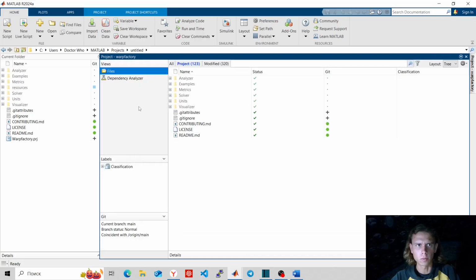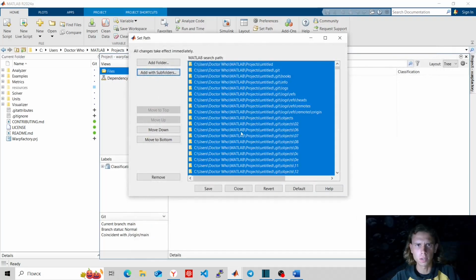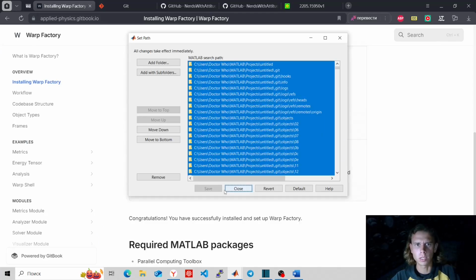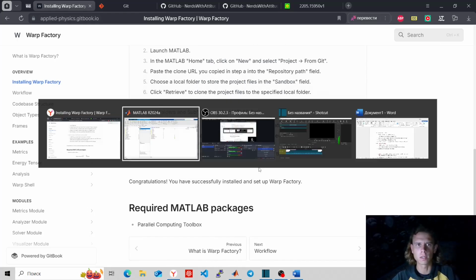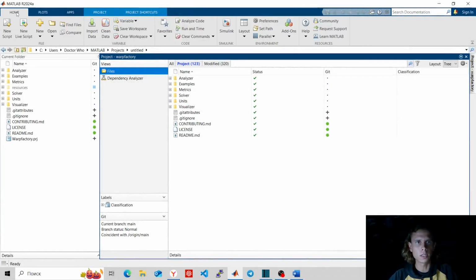So this is the project folder. OK. Right now it picked all of these folders, and we need to save it. And then we have to press Close. OK. So let's take a look. So here we are.